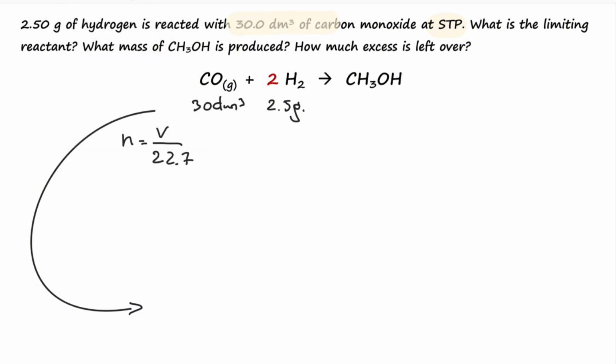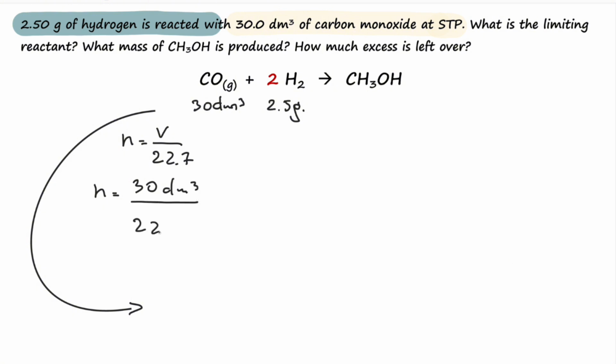The second one will not be at STP, that's why you will use a different formula. So mole equal to volume, 30 decimeter cube, divided by 22.7 decimeter cube mole minus 1, and you will get 1.32 mole.